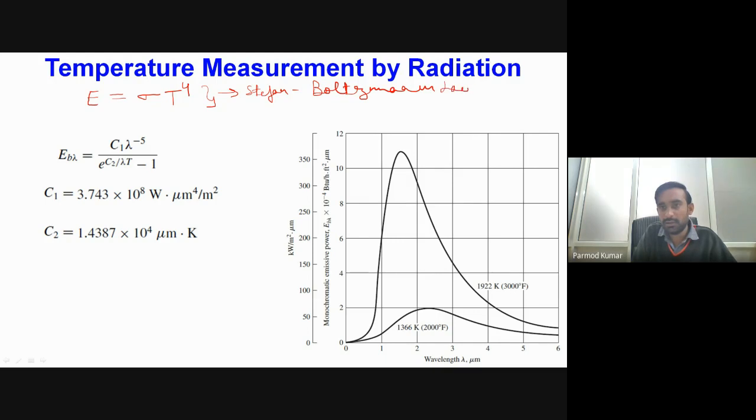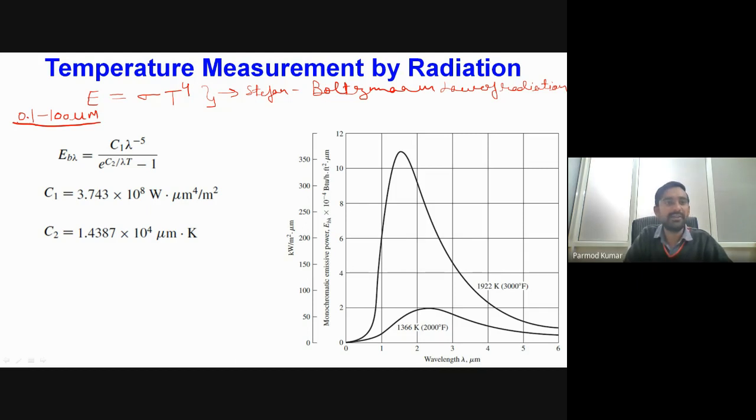Stefan-Boltzmann law of radiation. In particular, we are interested in thermal radiation. We consider that the electromagnetic waves emitted by a surface, having wavelength within the range 0.1 to 100 micrometer, are termed thermal radiations.